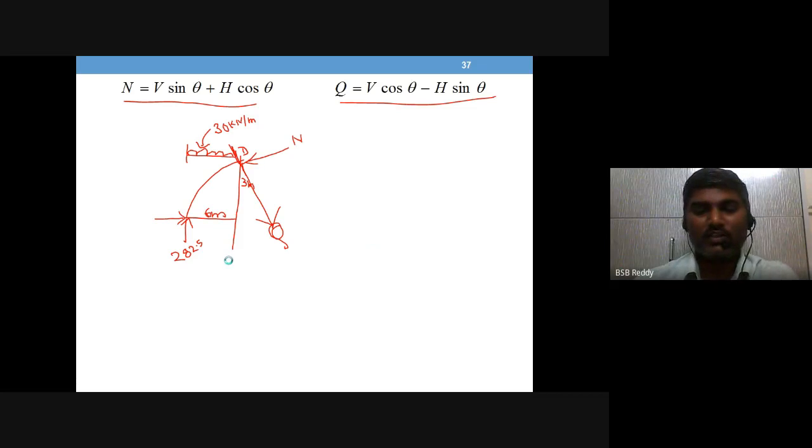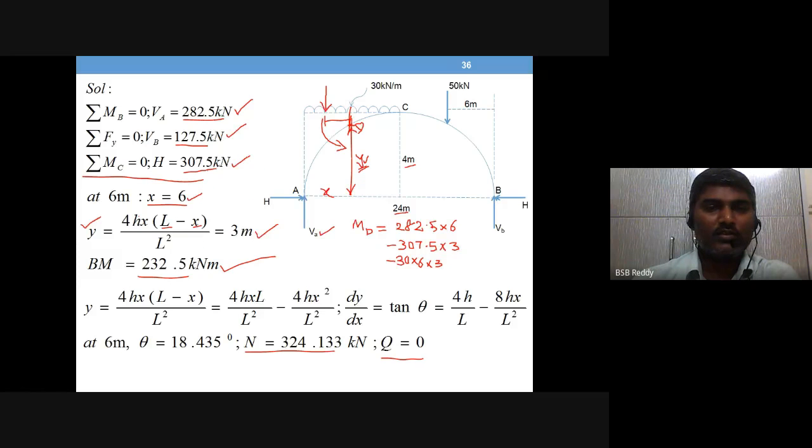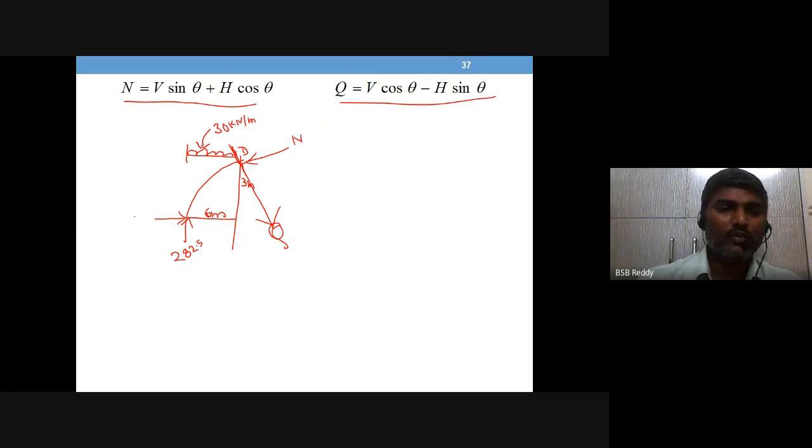What is the H value? 307.5. So these are all that you have. What you are able to solve first is the H at D, and what you are able to solve for is V at D. So these two you are able to solve.